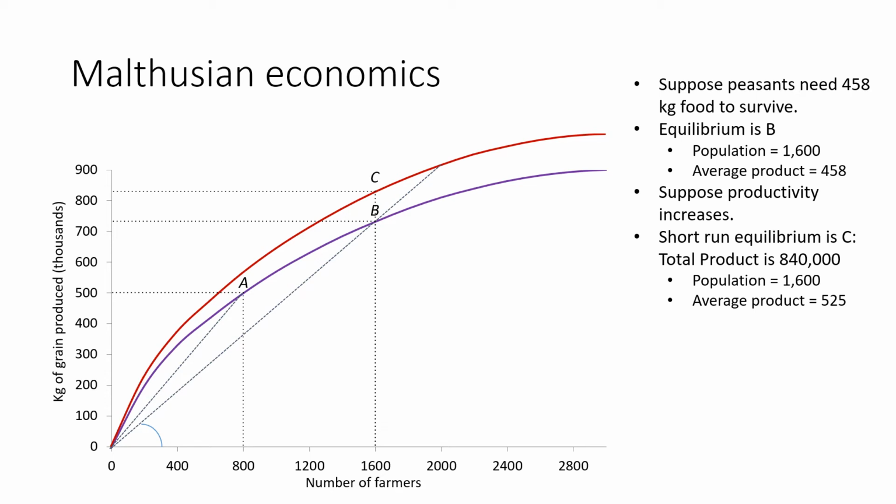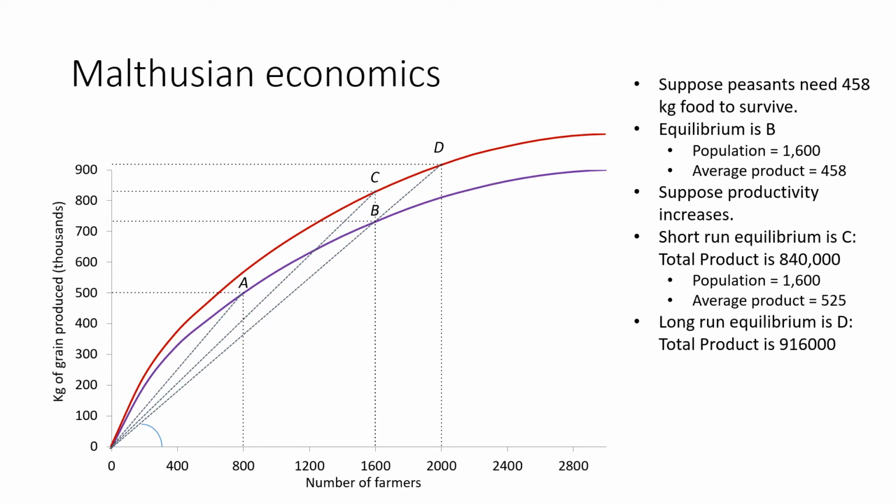However, remember that Thomas Malthus saw that this increase in the average product was only temporary as a result of productivity increases. Therefore, we have a new equilibrium point that would be our long-run equilibrium at point D. At point D, our total product is 916,000 kilograms.